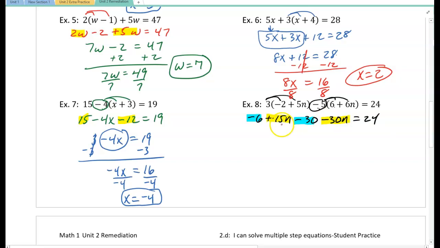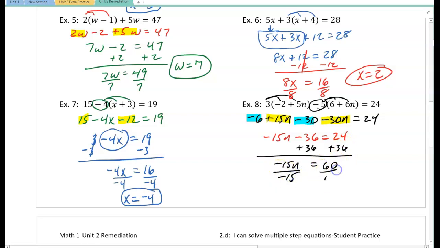So I start with the n's. 15n minus 30n is negative 15n. Then negative 6 minus 30 is minus 36 equals 24. I'm down to my two-step equation, so I add the 36. Negative 15n equals 24 plus 36, which is 60. And when I divide by negative 15, n is equal to negative 4.